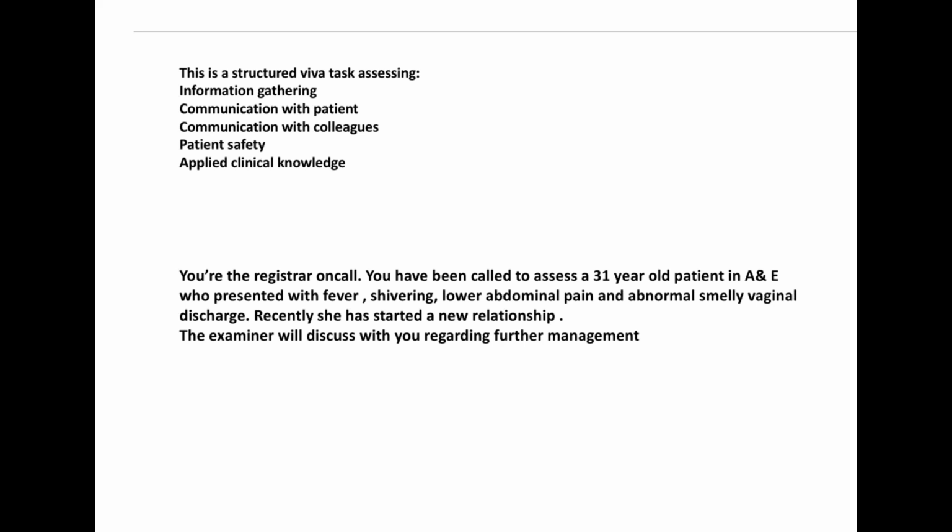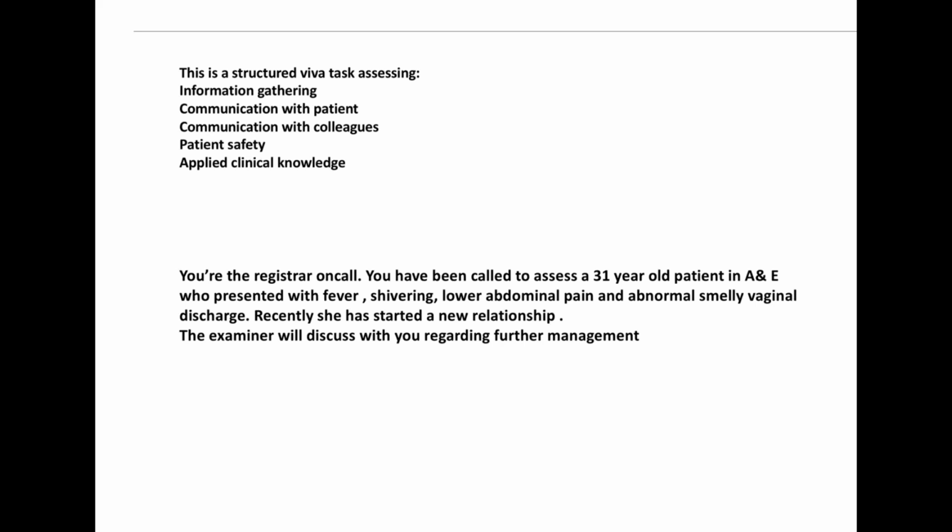If she has rigidity, tenderness, rebound tenderness, it can be a differential diagnosis with ectopic pregnancy. It can be ovarian cyst accident, because the fever may be present as a coincidental finding, not necessarily related to her abdominal pain. So we need to put a full differential diagnosis of all the three symptoms together. Okay.